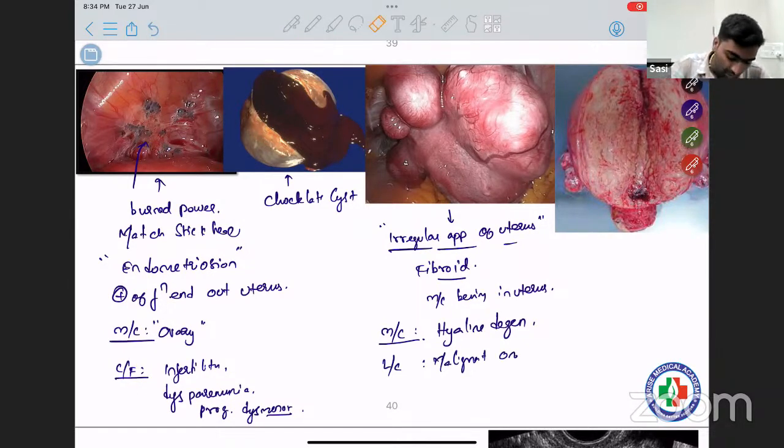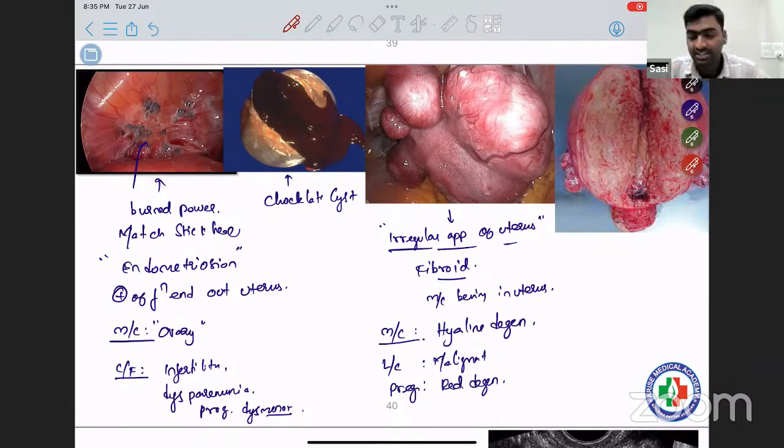What is the type of fibroid change you will see in a case of pregnancy? What is the name of this degeneration? Yeah, most of you are getting it correct. It is the red degeneration. With this, we'll move on to the next part.